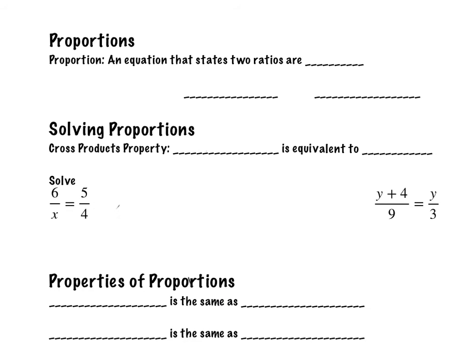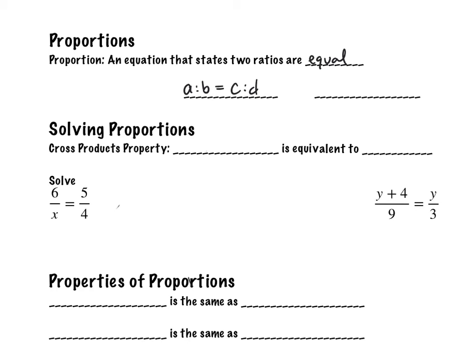All right, so proportions, right, are an equation that states that 2 ratios are equal. Right? So if I said 2 ratios are equal, like if I said A to B was equal to C to D, that's not something that I know how to solve.